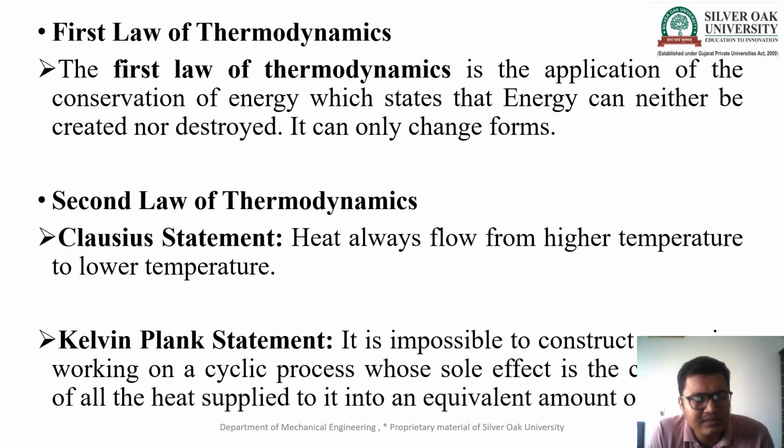Now the second statement is called the Kelvin-Planck statement. The Kelvin-Planck statement is a simple one. No engine has 100% efficiency. Carnot's cycle suggests that efficiency is 100%, but in practice we cannot get 100% efficiency, so we call the Carnot cycle a theoretical cycle, not a practical cycle.